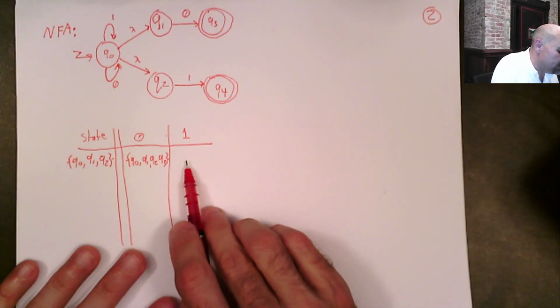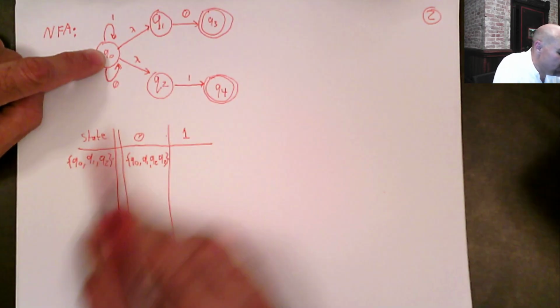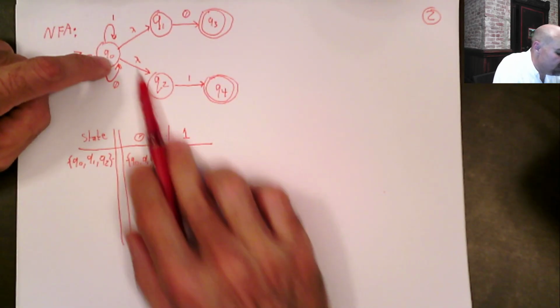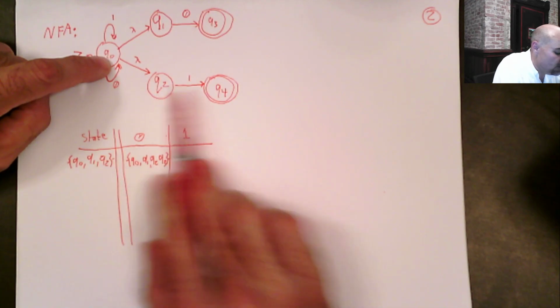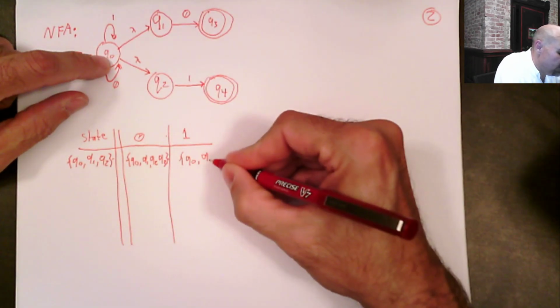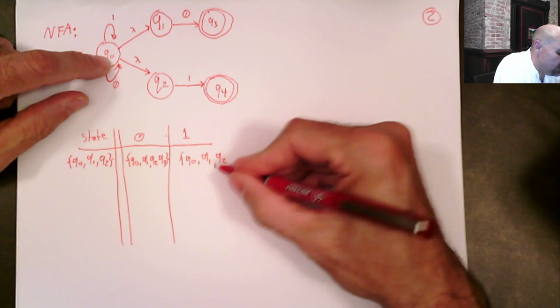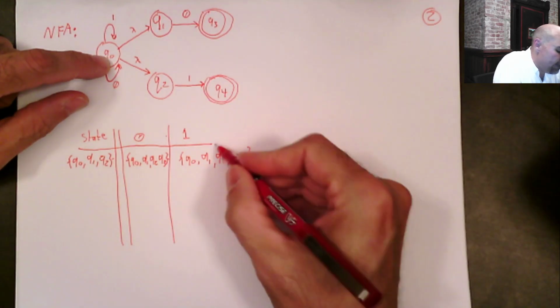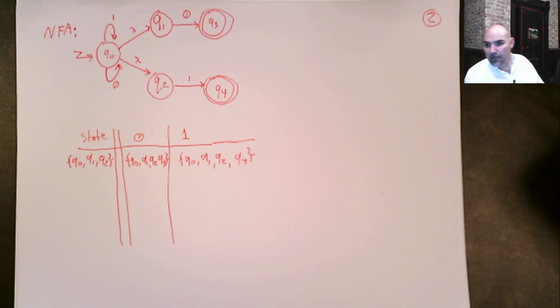Now on a 1, what are all the places I can get to? Well, here I am in 0, 1, 2. What are all the places I can get to from there? Well, on a 1, 0, 1, 2, or 4. So this is going to be Q0, Q1, Q2, Q4. I tried to write a little bigger there.